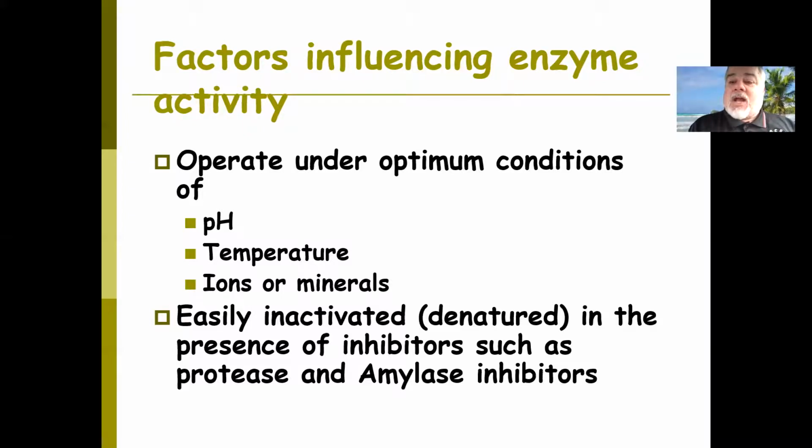I add a known chemical, a known substance, which will interfere with or denature the protease. And there are also amylase and other types of inhibitors that you can use in your processing to stop the enzyme activity from continuing. It's not just cooking.